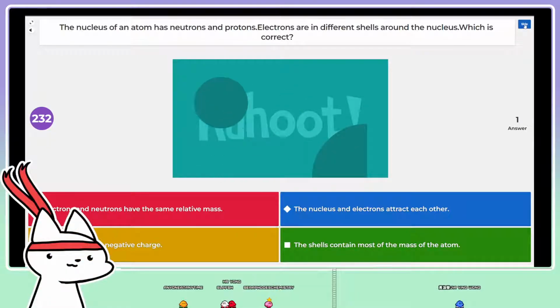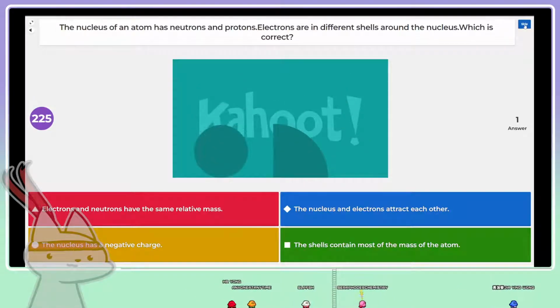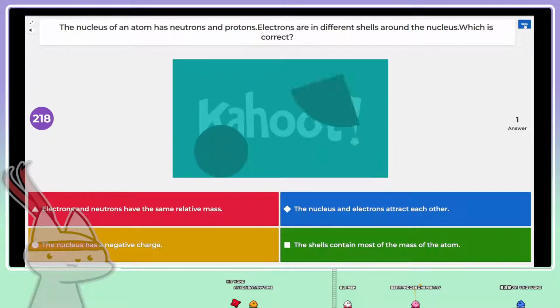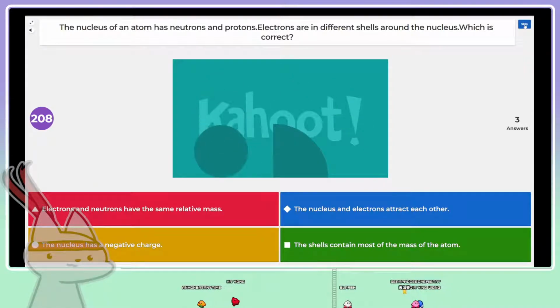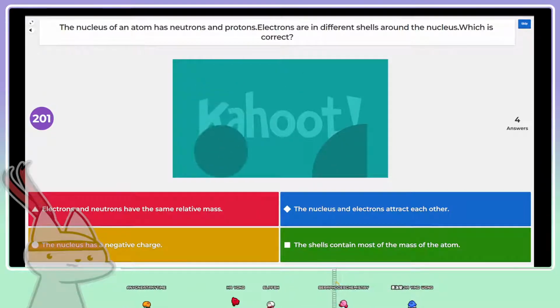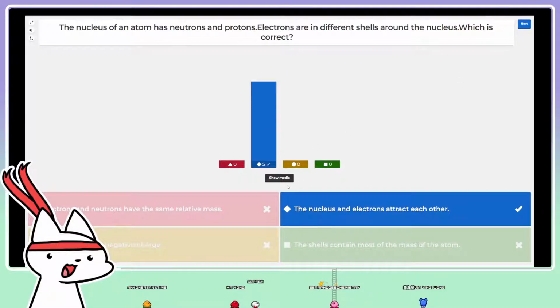Everyone got it correct. The nucleus has protons, which are positive charge, and electrons are negative charge, so they attract each other.